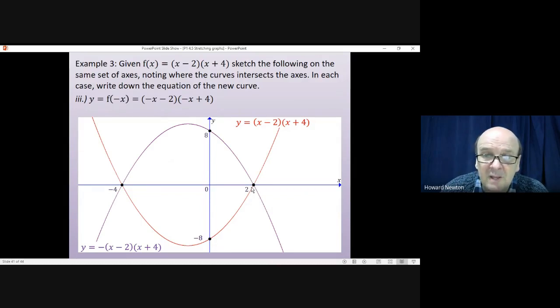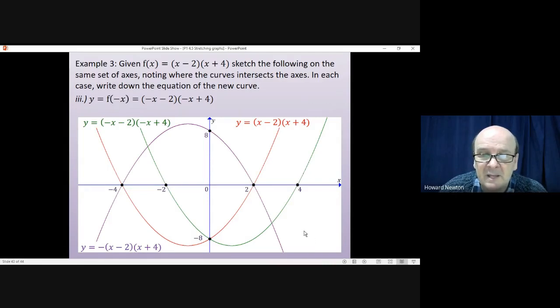The 2 will reflect in the y-axis and become minus 2. And you'll still get a crossing point at minus 8 on the y-axis. So minus 2 and plus 4 and minus 8. It's a right way up quadratic. If we multiplied out the brackets, we would get plus x squared. So you'll get something that looks a little bit like that when you reflect it in the y-axis.